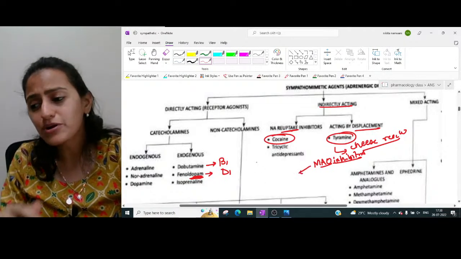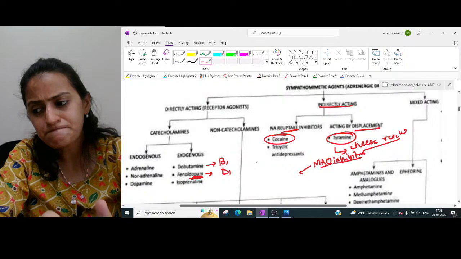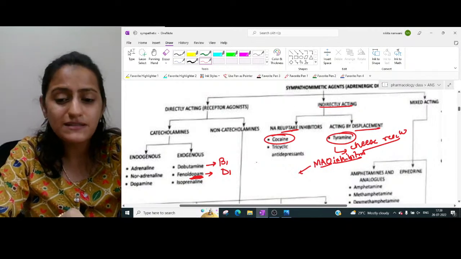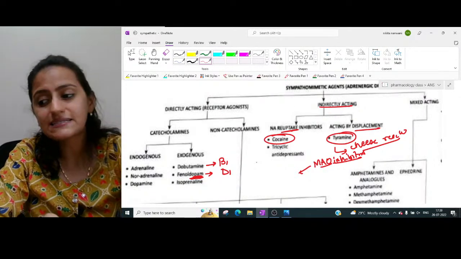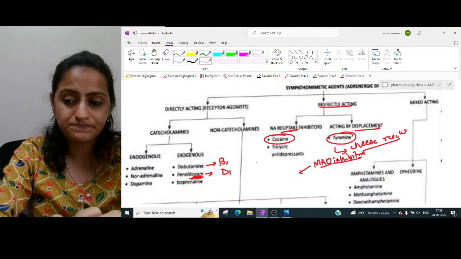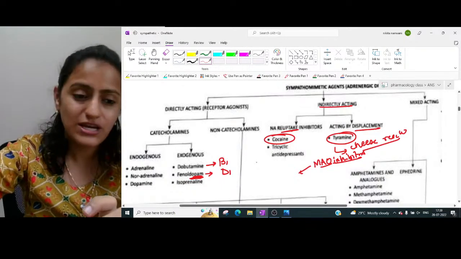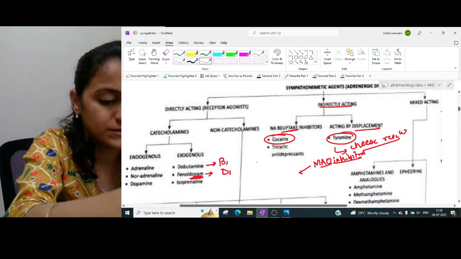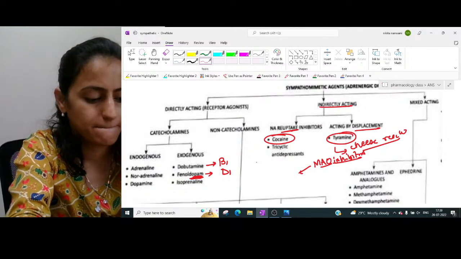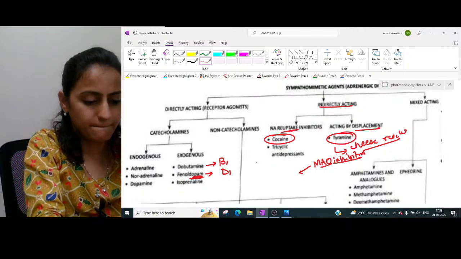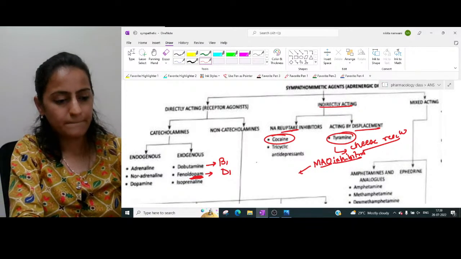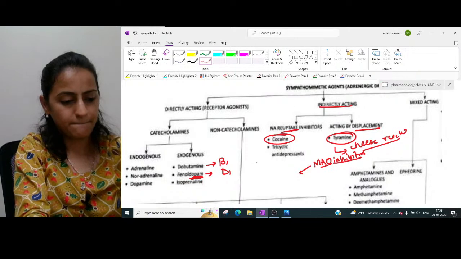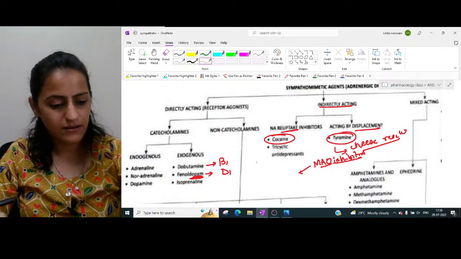Can you tell me, now you're reading antimicrobials today? Tell me which antimicrobial has a MAO inhibitory action?